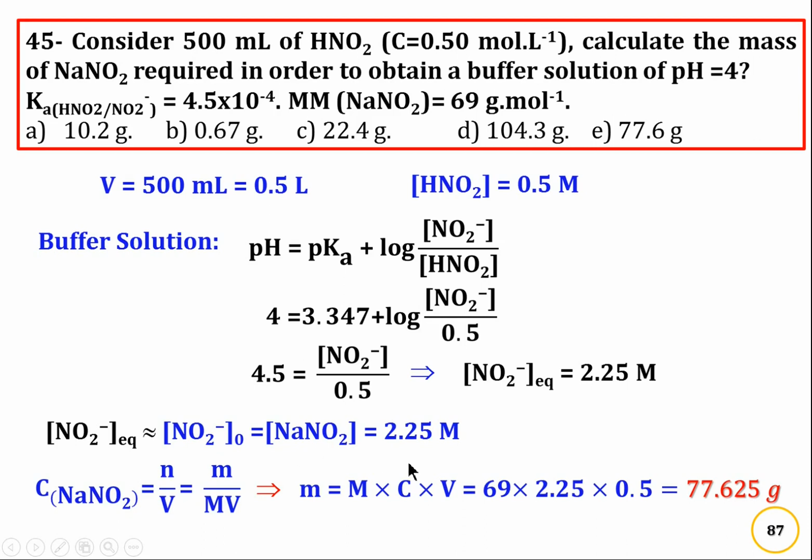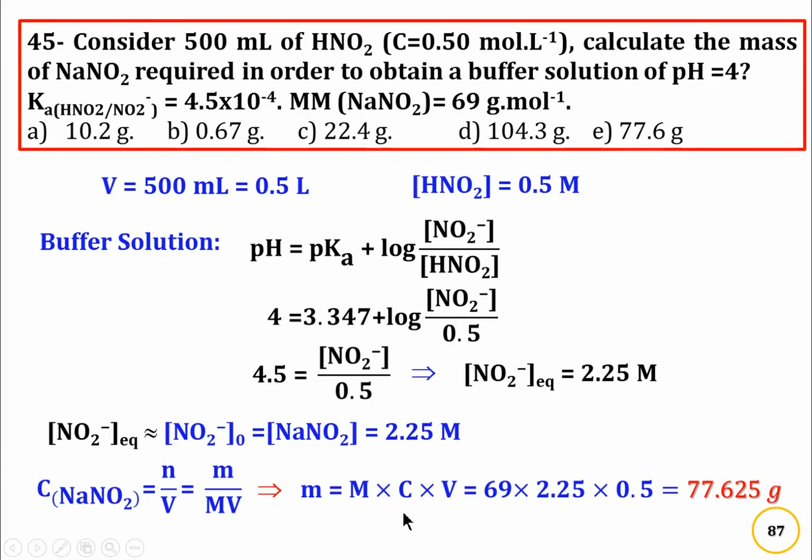The molar mass of NaNO2 equals 69, times the concentration 2.25, times V total, which is 0.5 liters. So the mass that should be introduced in order to prepare a buffer solution of pH equal to 4 is the mass of NaNO2 equal to 77.625 grams. So the correct answer is therefore E.